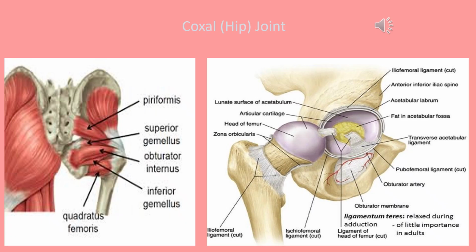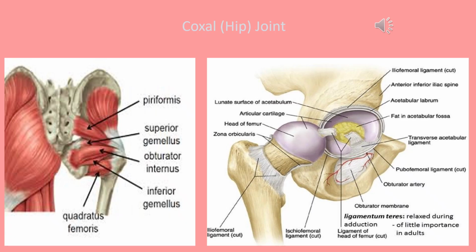So the femur can rotate, ball can rotate within the socket. So these lateral rotators not only rotate the ball within the socket, they hold the ball in the socket. So like I said, there's probably about 30 muscles that are involved in holding the hip joint together, and these are just a few of them on the back side.